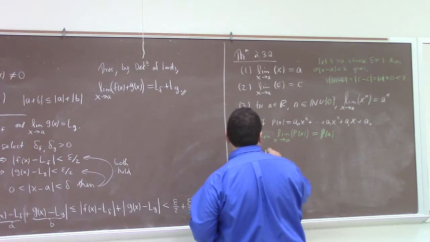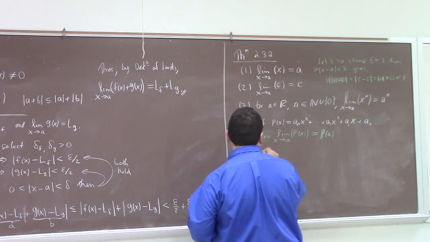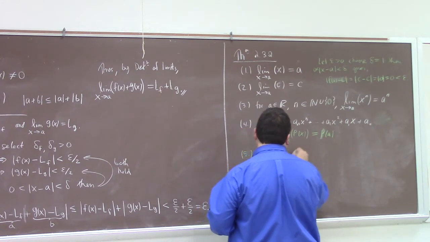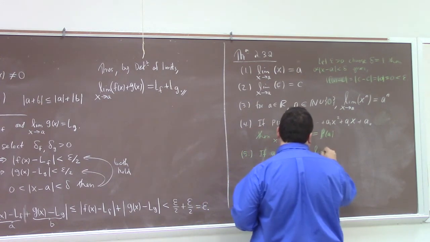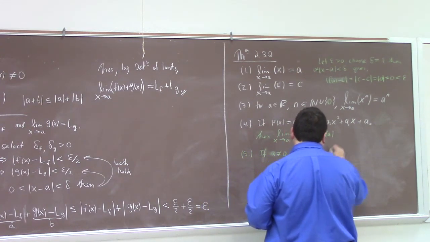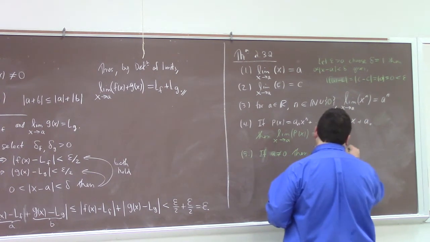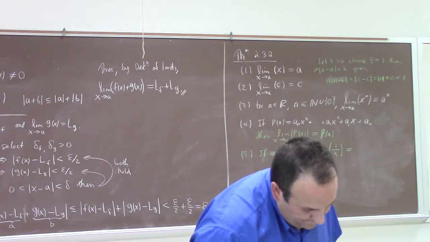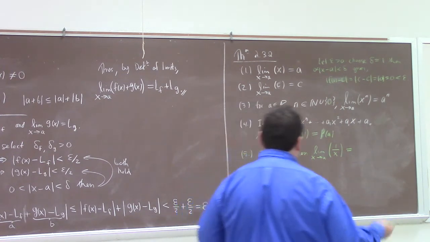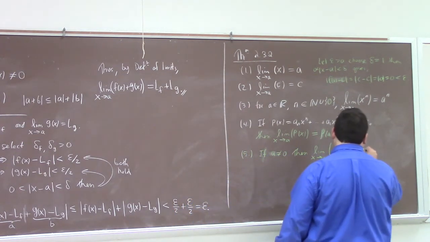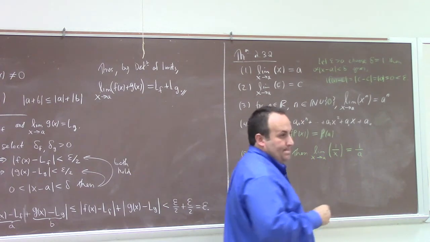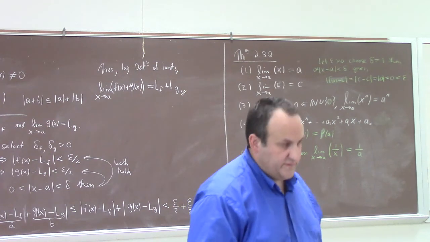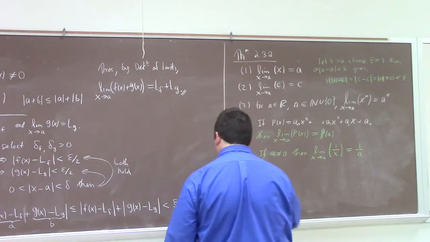Number 5: if a is not equal to 0, then the limit as x goes to a of 1 over x is equal to 1 over a. You just plug it in. All right? Square root, what do you think happens?